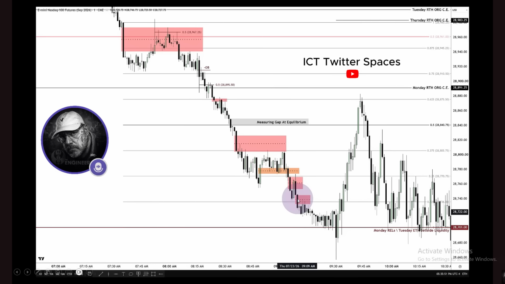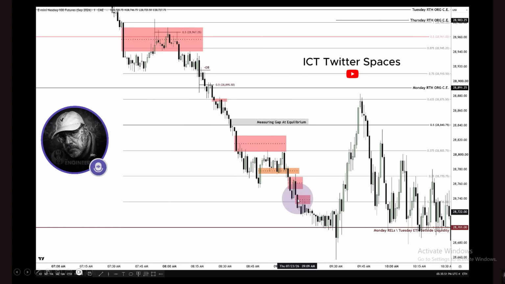If that folds and it overlaps that and breaks down in there, that takes you right back to the equilibrium or consequent encroachment level, where it needs to build a discount sensitivity to any PD array that would be viewed as an order block, an inversion fair value gap, or a bullish fair value gap. It needs to respond there.